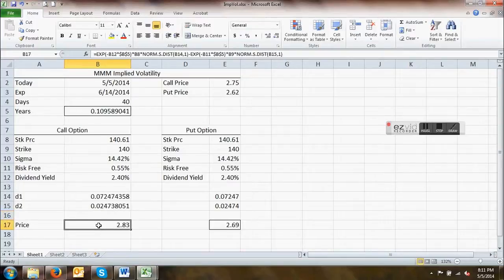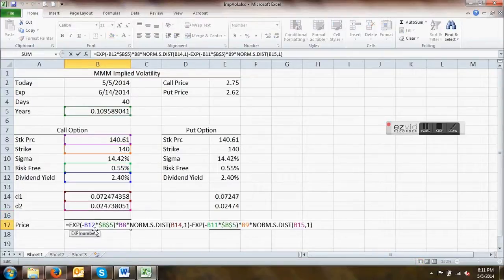And then the price of the call, we're going to use the exponential of negative dividend yield times the tau remaining times B8, which is the stock price, times the cumulative normal distribution function in Excel, NORM.S.DIST. B14 is D1, and the comma 1 means you want it to be cumulative.